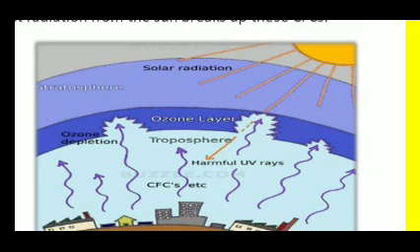This Cl active atom interacts with O3, then forms chlorine monoxide plus O2. This is a cyclic reaction, from chlorine monoxide to chlorine atom to chlorine monoxide. A single molecule entering the stratosphere can deplete a great deal of ozone.